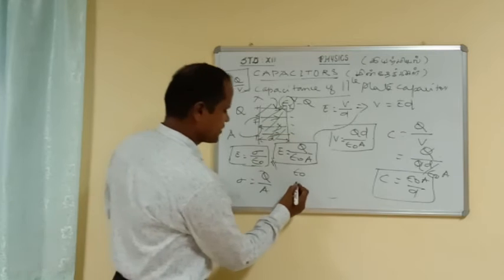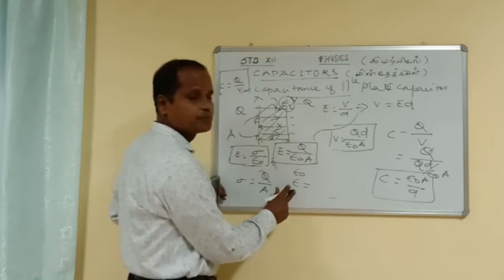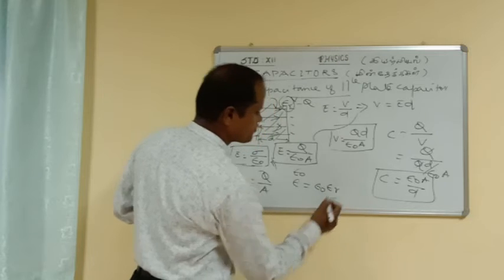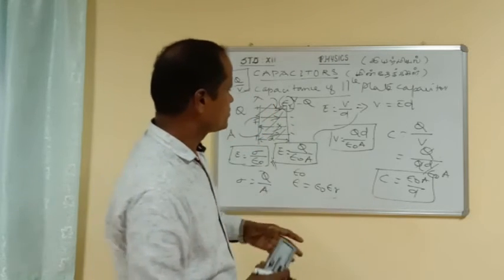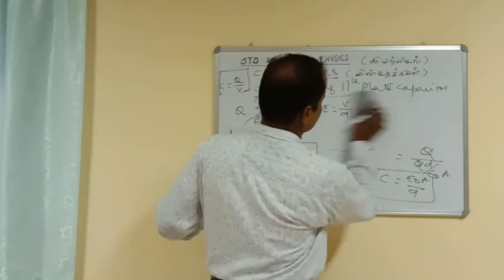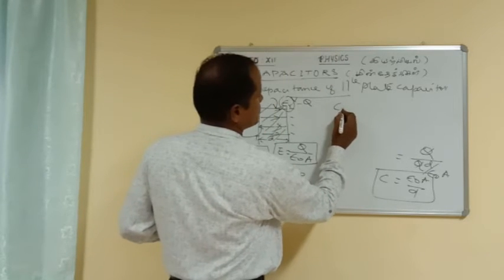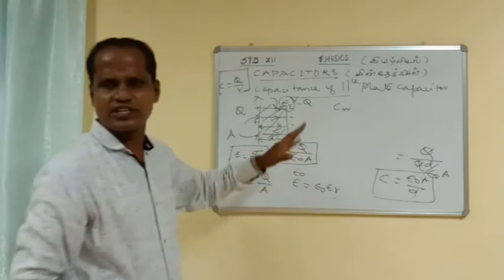So this epsilon is the permittivity of the medium. So this can be written as epsilon naught into epsilon R. For any medium, we can write here, right? Cm. This is the capacitance in any medium.